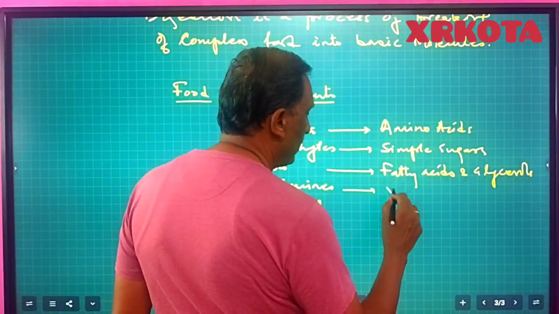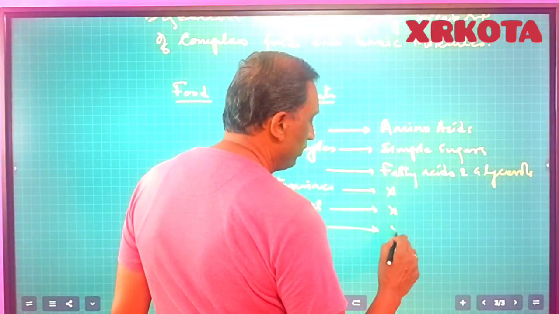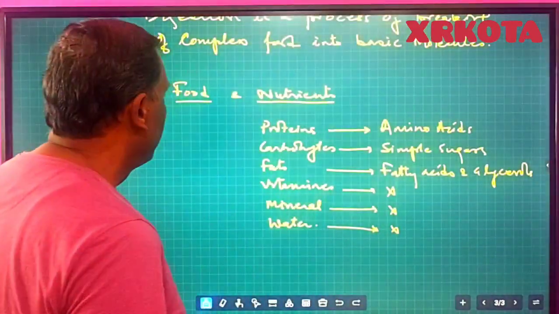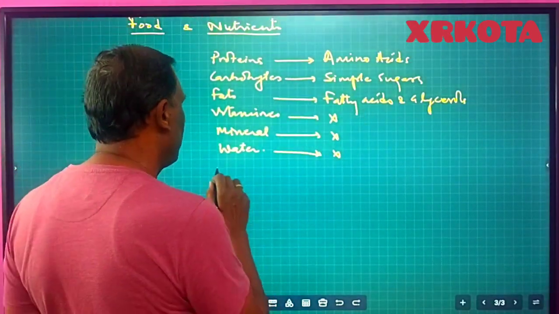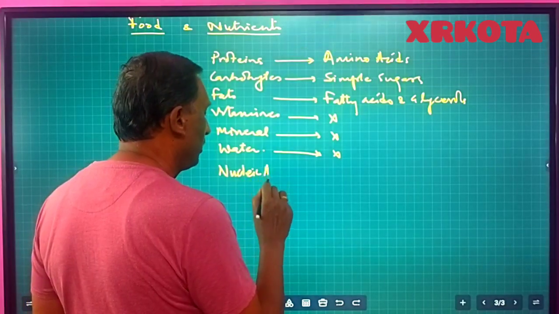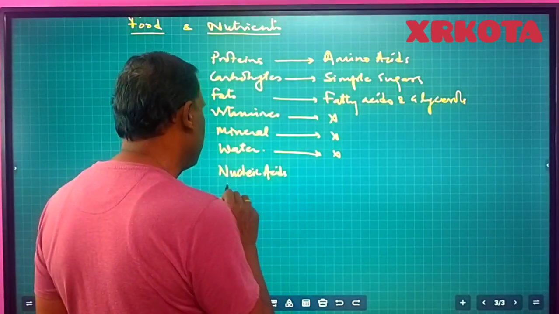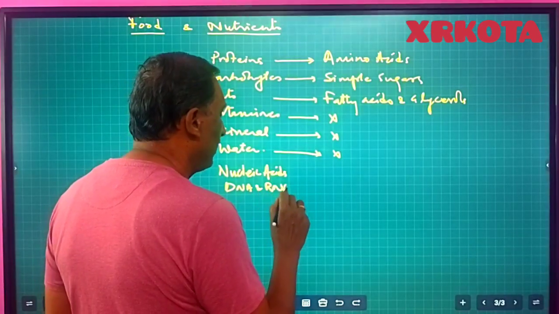Minerals, no need of digestion. Vitamins, no need of digestion. Water, no need of digestion. One is left, let us consider that also. That is nucleic acid. What are nucleic acids? That is DNA and RNA.